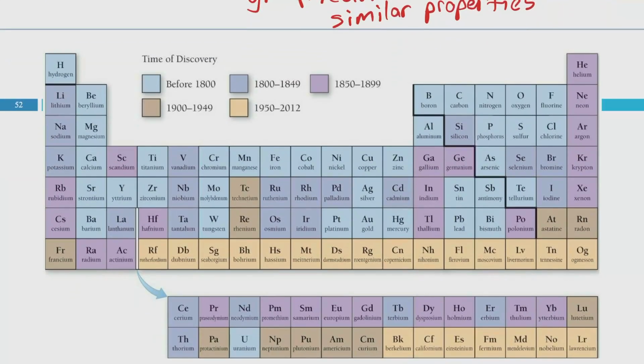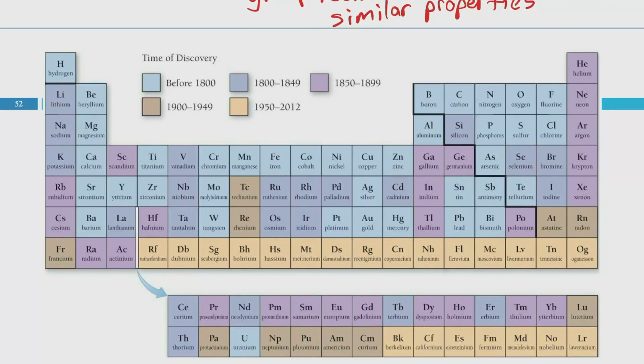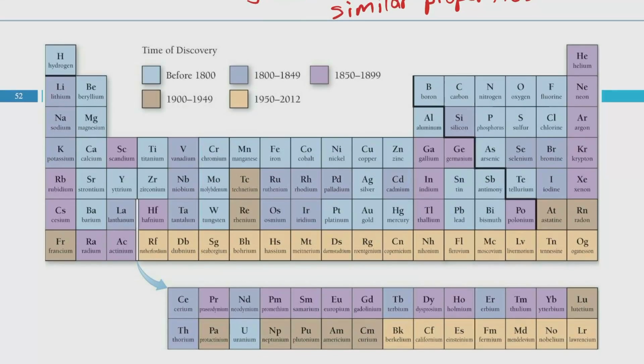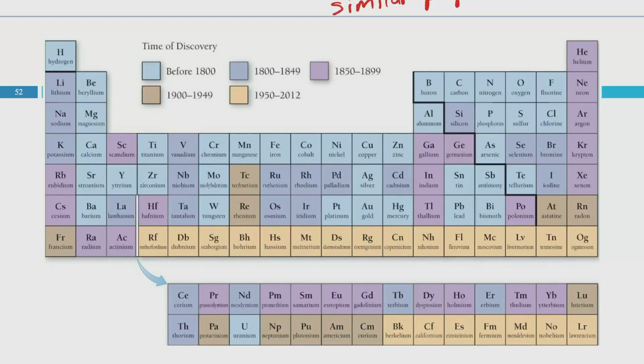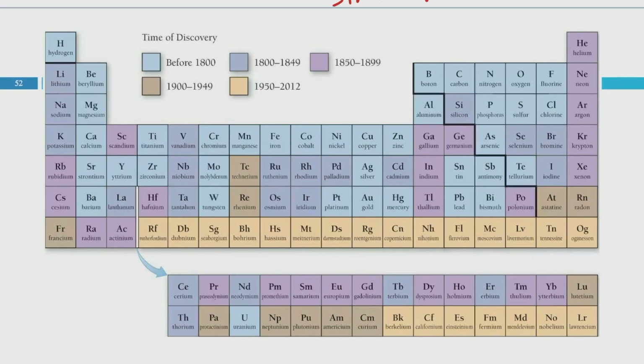So here's our periodic table with color codes for when these things were discovered. Some of them very recent, although some of these later ones weren't even named officially until like 2019, which is fun. You don't need to know when they were discovered. This is kind of just like a, hey, in case you're interested, here's when these things were discovered.